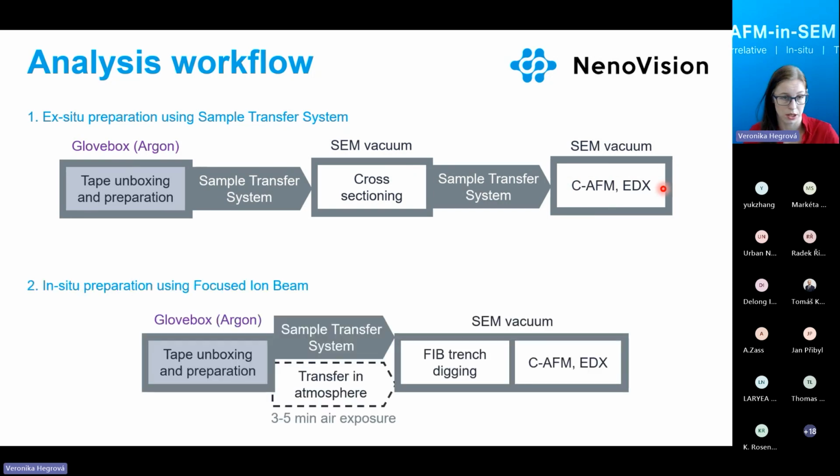The second option is slightly easier, but more for smaller areas of interest. Again, the sample is prepared in the glove box, moved using the sample transfer system, and then polished directly in SEM with LiteScope by focused ion beam and measured by conductive AFM and EDS.